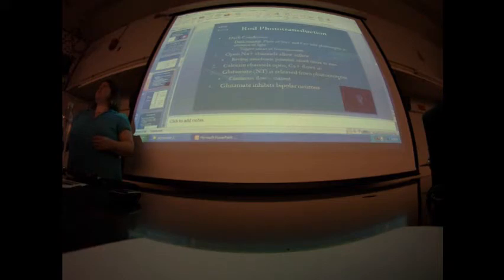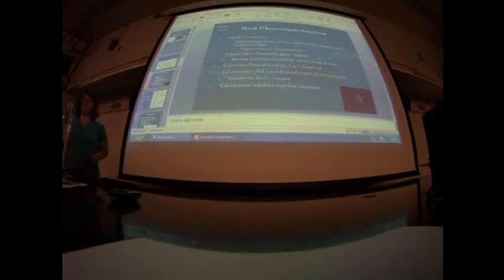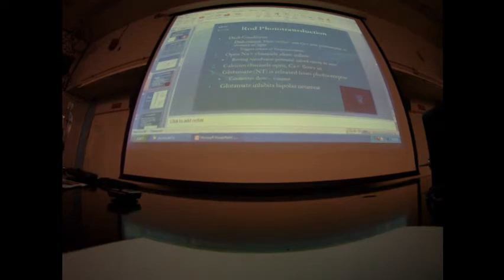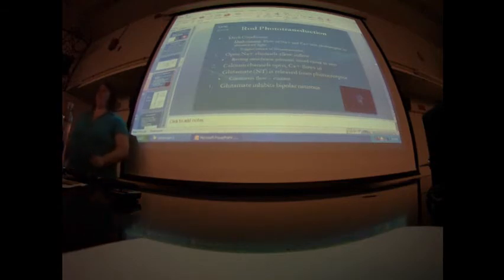As the cell's resting potential becomes more and more positive instead of negative that it should be, this is going to trigger the neurotransmitter glutamate to be released from the photoreceptor, in this case the rod. And as it flows out through the synapse, it hits the bipolar cell and inhibits the bipolar cell from sending a signal. So glutamate is inhibitory.